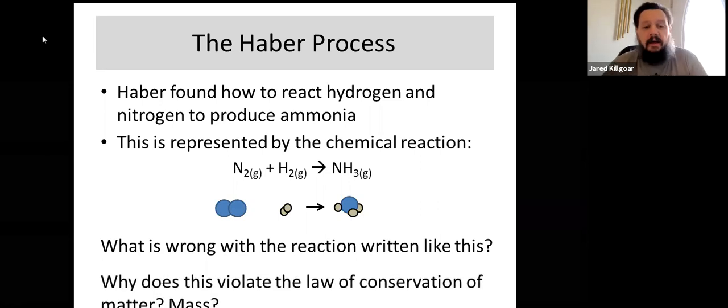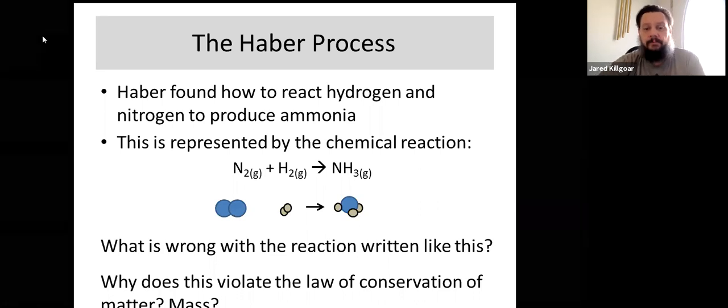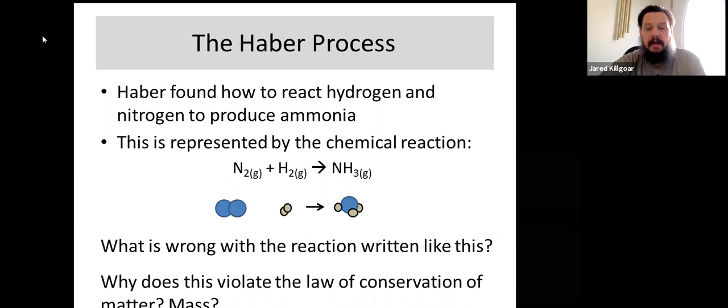It doesn't obey the law of conservation of matter, conservation of mass. For one reason, on the product side, to the right of the arrow, we have 1 blue circle, and on the reactant side, on the left, we have 2 blue circles. Similarly, on the reactant side we have 2 gray circles representing hydrogen, and on the right side, we have 3 gray circles representing hydrogen.